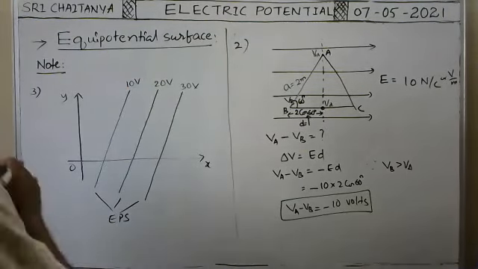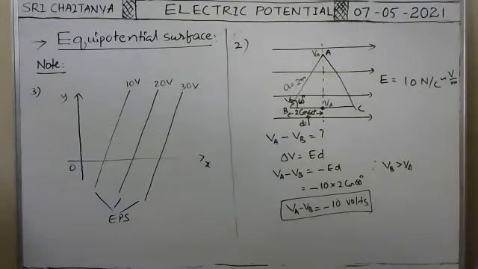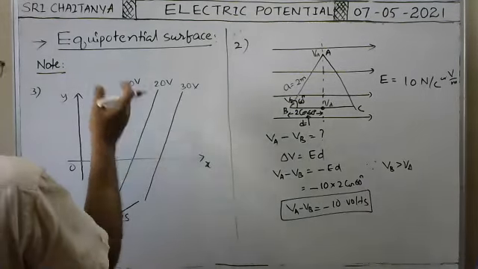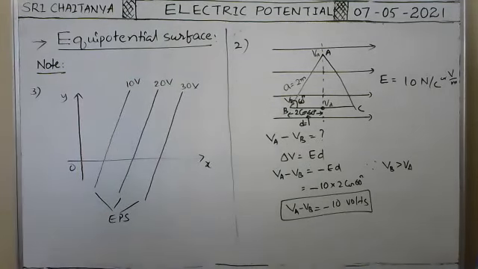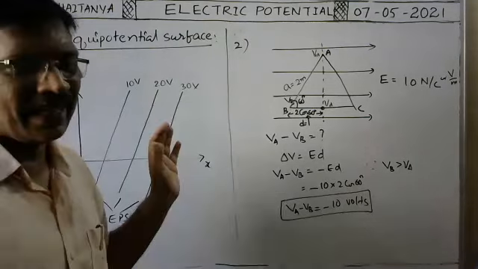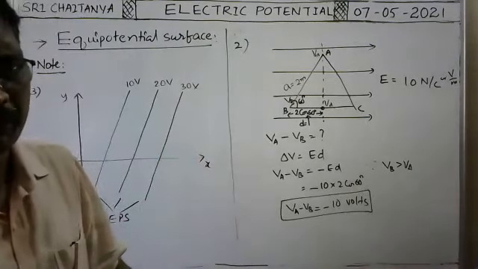Now, what is the electric field? As the equipotential surfaces are parallel to each other, is the electric field uniform or non-uniform? Tell me.